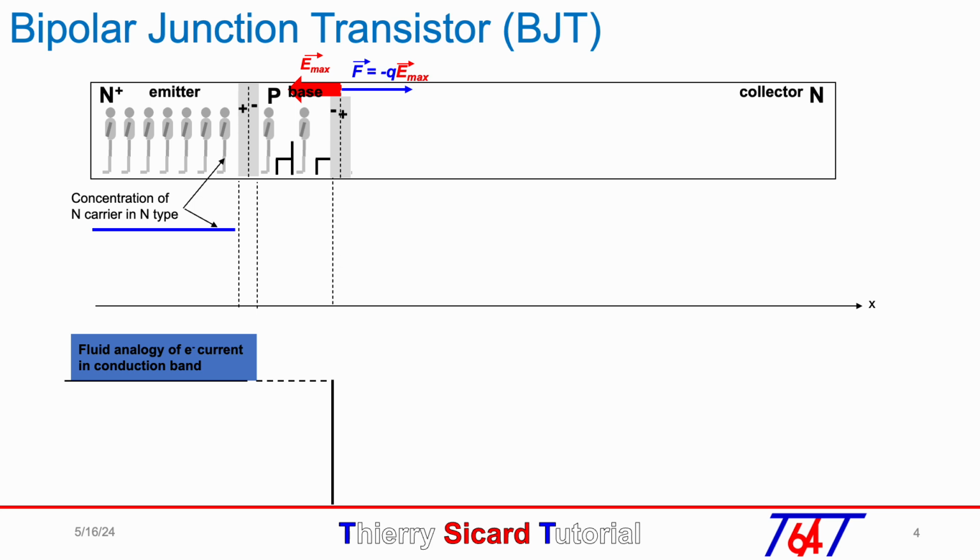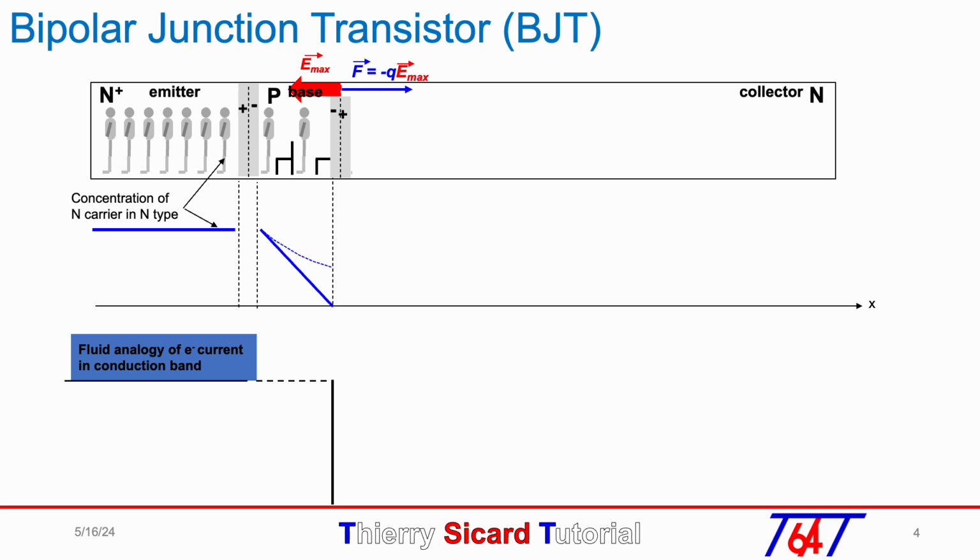When the free electron, or the stand-up person, is in the space charge, an electric field E, represented by the red arrow oriented to the left, produces a force F equal to minus QE directed to the right, which means in the collector direction. The consequence is that the NB concentration at the base collector junction will become 0 instead of the dotted line value, because if an electron was there, it will be sent immediately to the collector side.